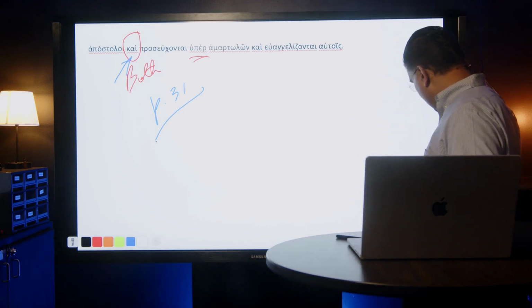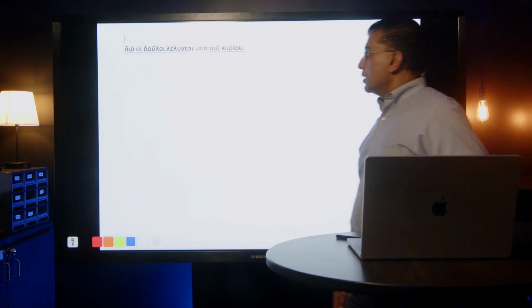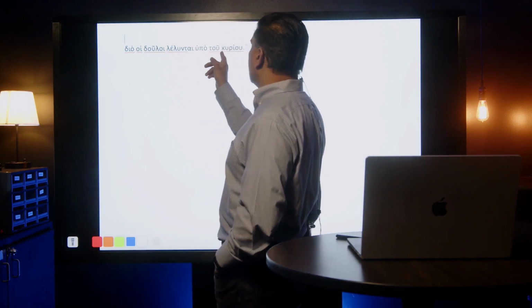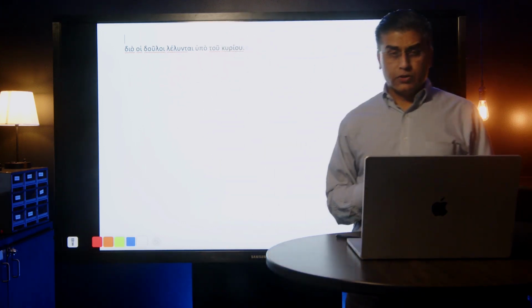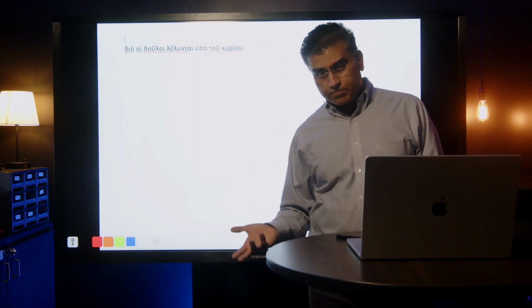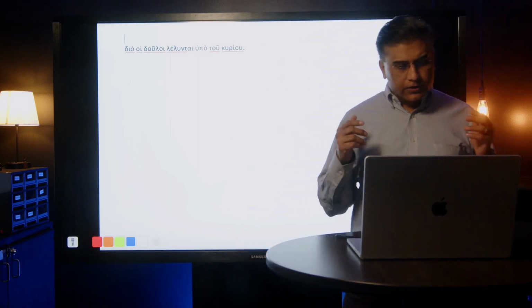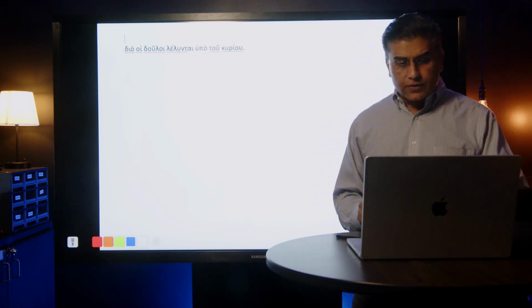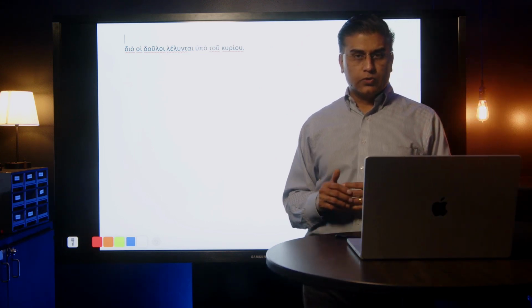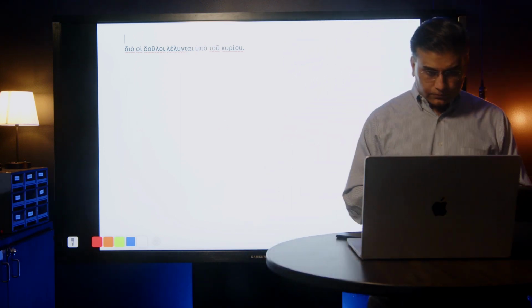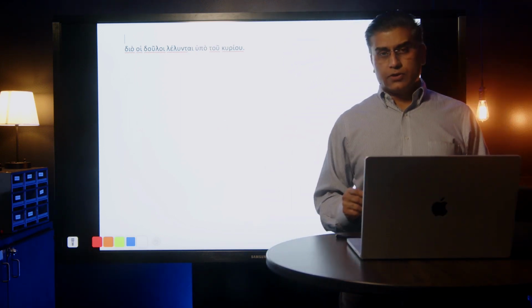So here you have the first one. Dio hoi douloi leluntai hupo tou kuriou. Dio is therefore. This is a vocabulary word that you need to memorize. So we have therefore the servants, hoi douloi, doulos is singular, douloi. Therefore the servants have been loosed.